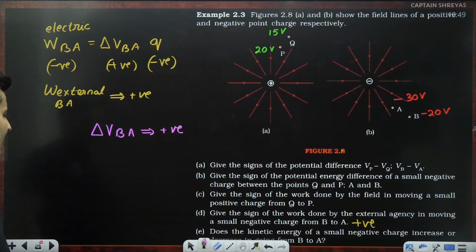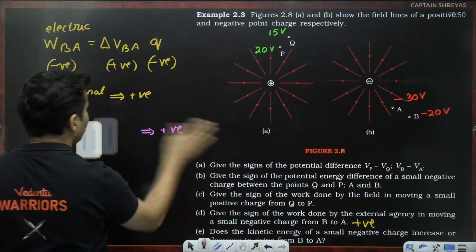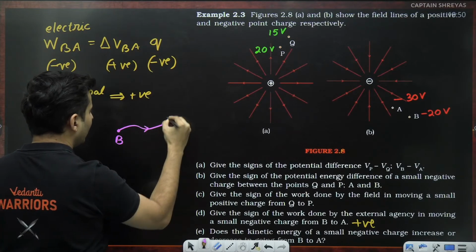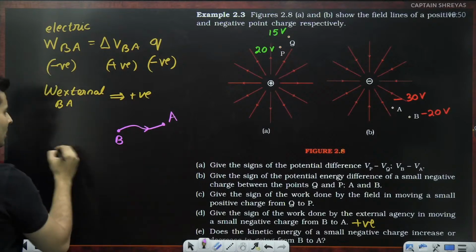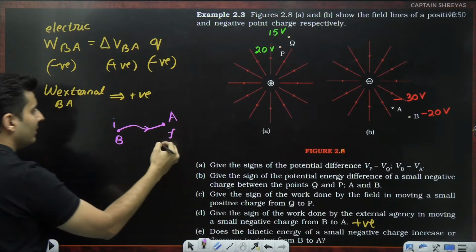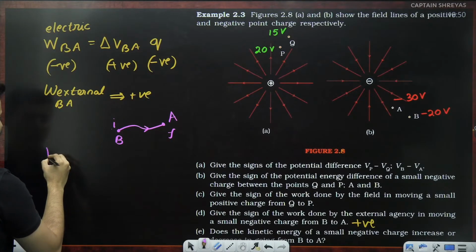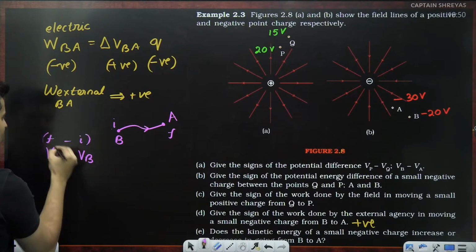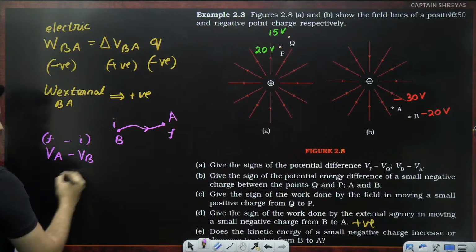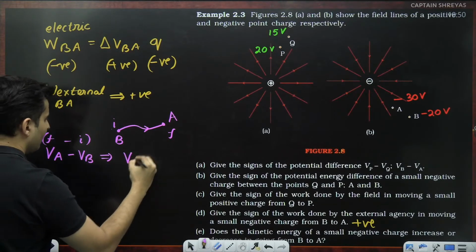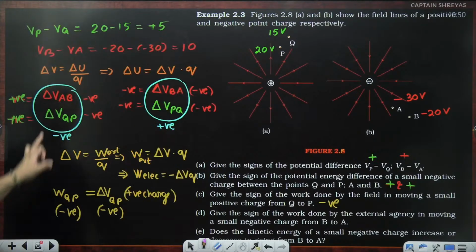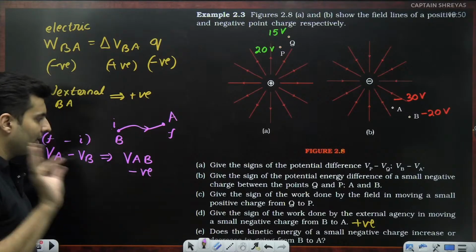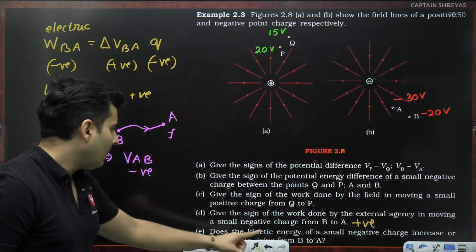If I'm going from point B to point A, B is initial and A is final, so I will be subtracting VA minus VB, final minus initial always. This is nothing but VAB, and VAB is negative. Okay, I'll keep that in mind.